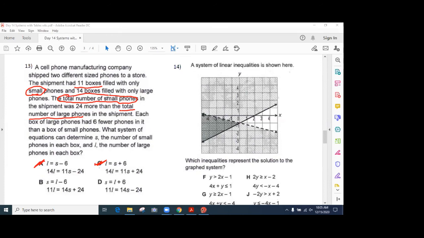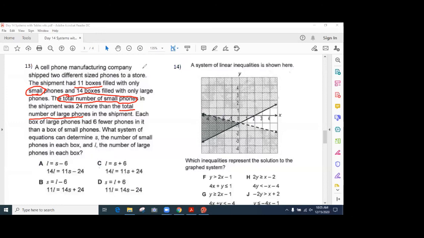The first one says the total number of small phones in the shipment was 24 more than the total number of large phones. So they actually put totals on both of them. So I got to take that back. I don't know if I would, because this also says total number of large phones.